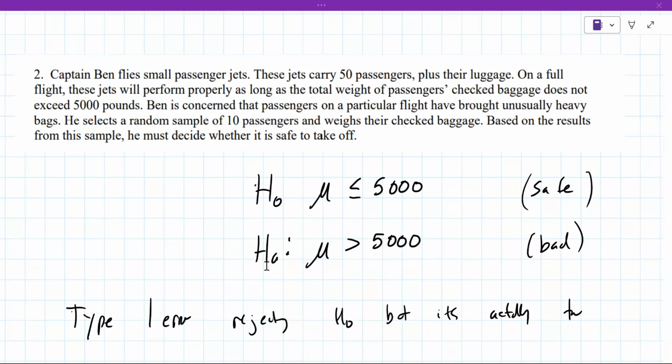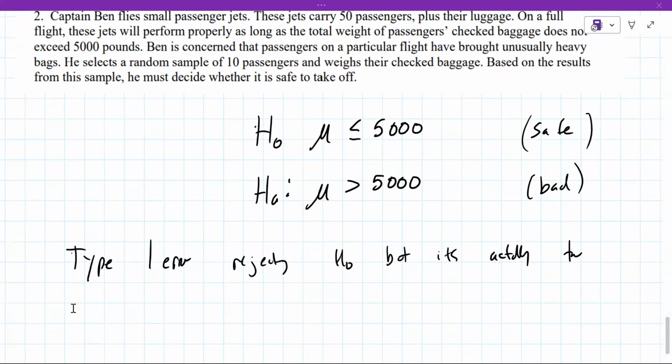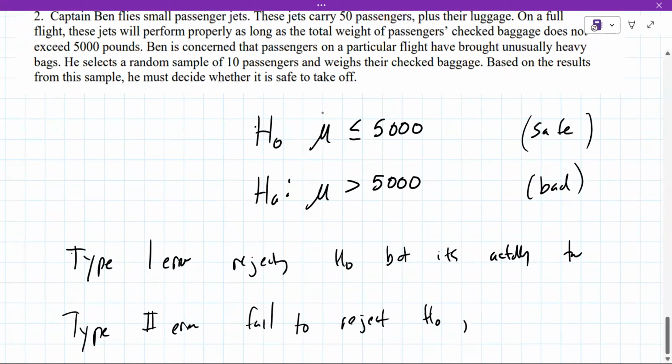Now a type 2 error. A type 2 error is when you fail to reject H0, but it's actually false. What does that mean in this scenario when you fail to reject that it's less than or equal to 5,000?